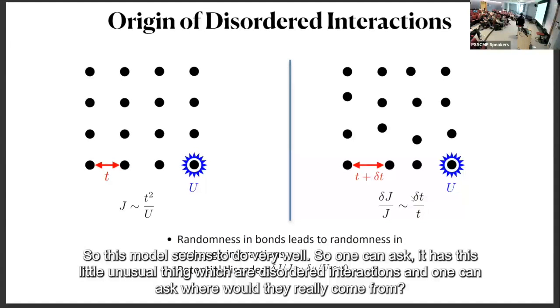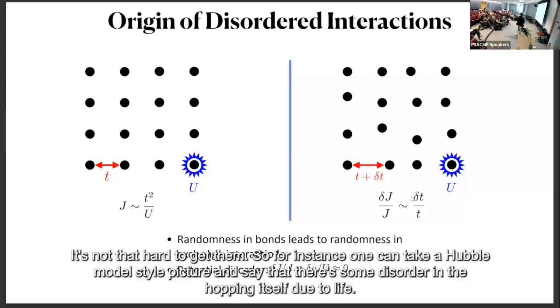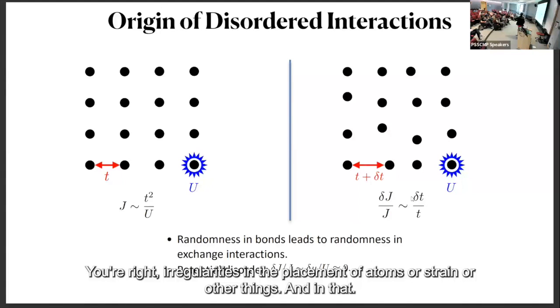So one can ask, it has this little unusual thing, which are disordered interactions, and where do they really come from? It's not that hard to get them. For instance, one can take a Hubbard model style picture and say that there's some disorder in the hopping itself due to irregularities in the placement of the atoms or strain or other things.